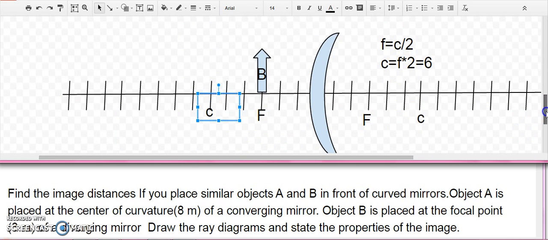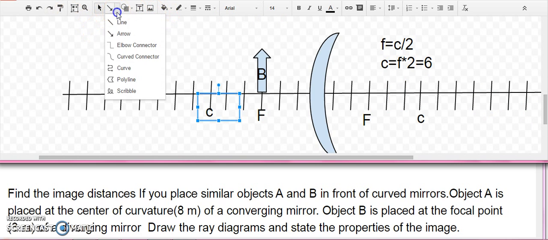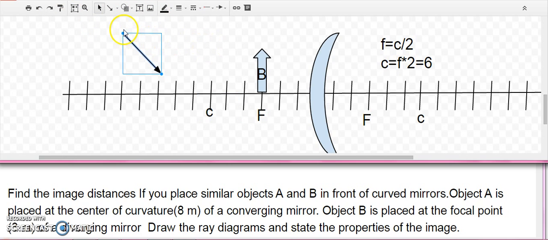Okay. Time for our rays. Start off with ray 1. Ray 1 starts off parallel. It's going to be parallel here. And then it's going to reflect through the focal point. From here down here.